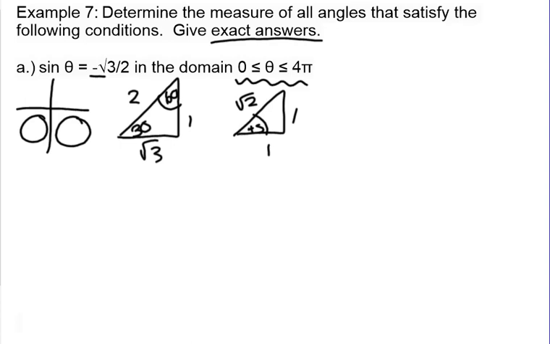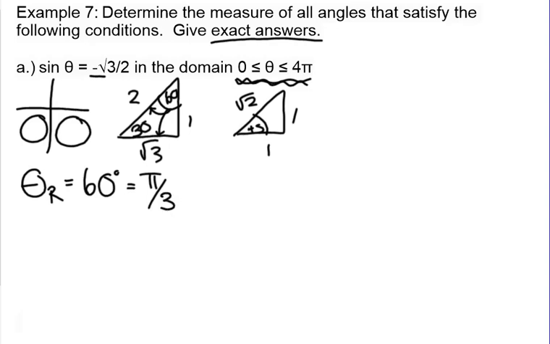At 60 degrees, we have an opposite over a hypotenuse of root of 3 over 2. So that means 60 degrees is our reference angle, which we want in radians. 180 divided by 60 is 3, so pi over 3.